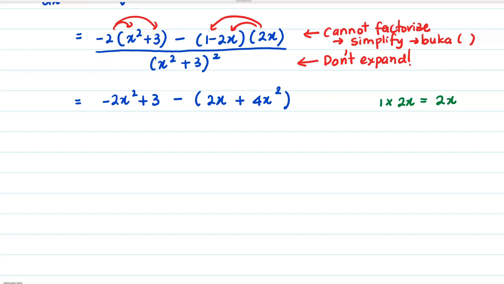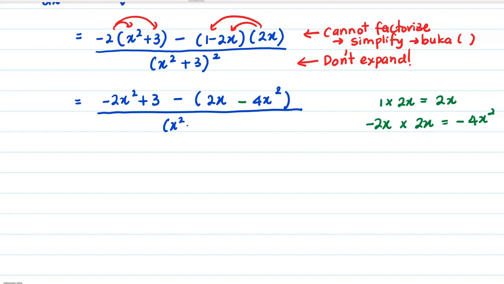And then negative 2x times 2x dapat berapa? It will be minus 4x squared. So dekat sini sepatutnya minus lah. And then divided by (x squared plus 3) squared. And then continue, you can expand again your negative sign.